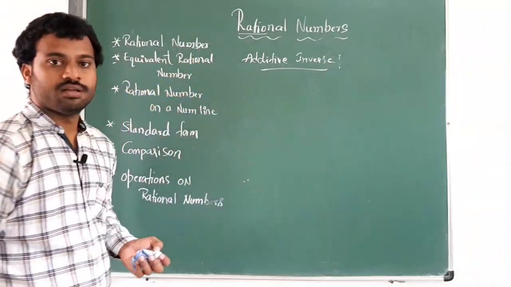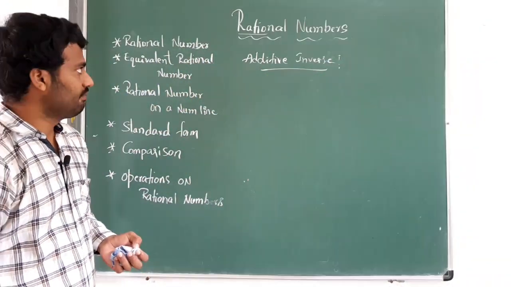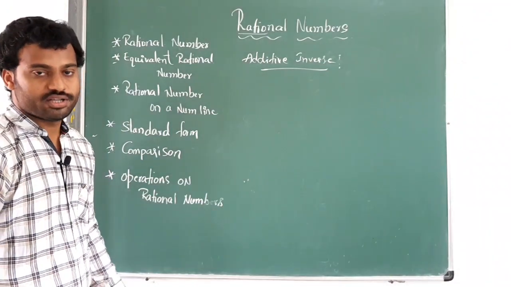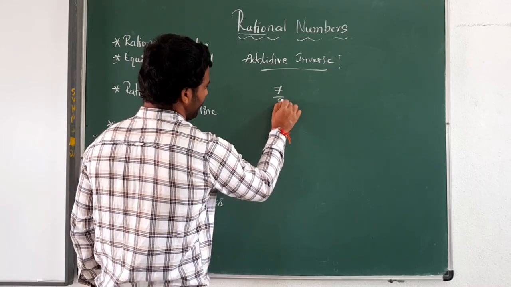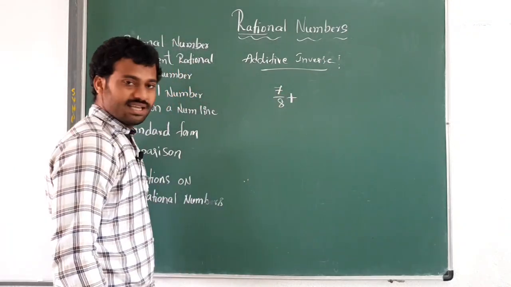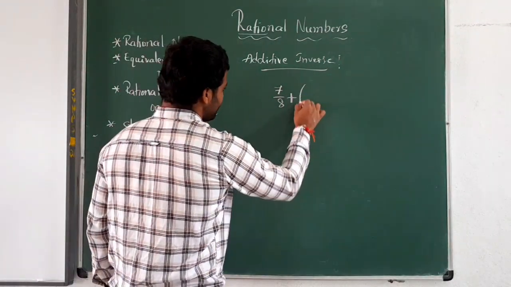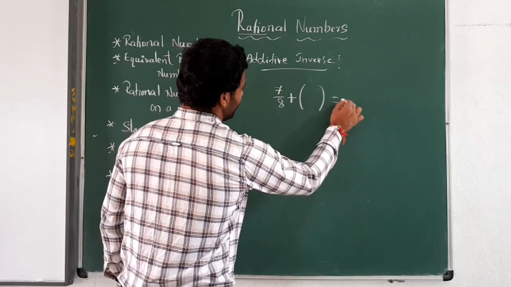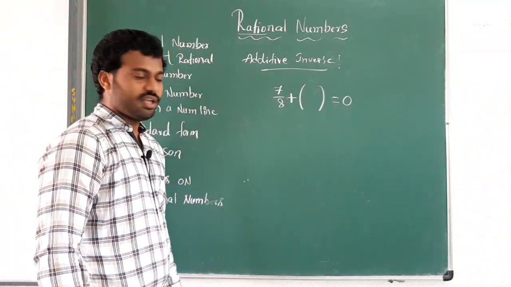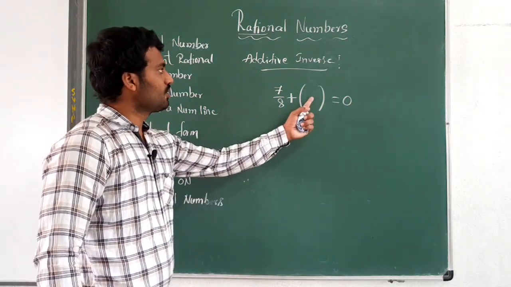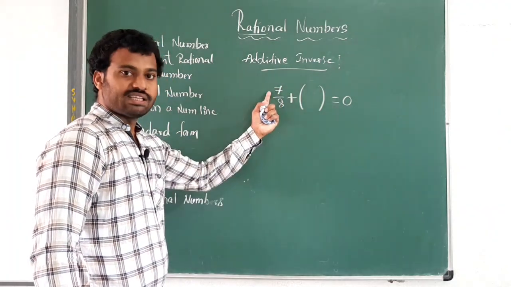What will be the additive inverse for any particular rational number? I said already, suppose I take 7 by 8. Additive means addition. If you are adding something and you get 0, then this number is called the additive inverse of 7 by 8.